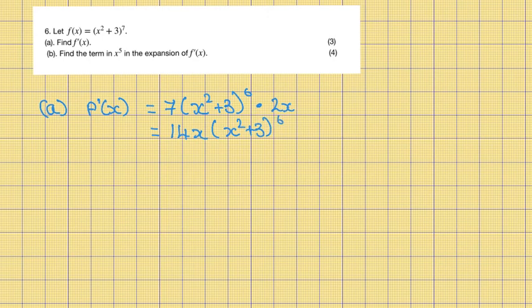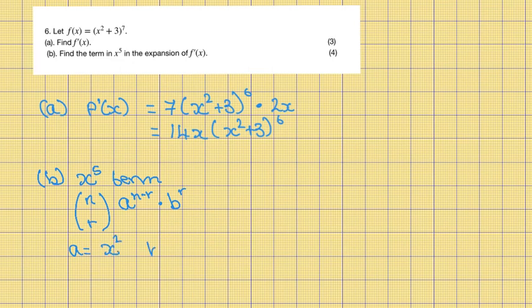Part B. Find the term in x to the power of 5 in the expansion for f dash of x. So we want the x to the 5th term. In an expansion, we know that every term is n choose r, a to the n minus r times b to the r. In this expression, we know that a is equal to x squared, and we know that b is equal to 3.